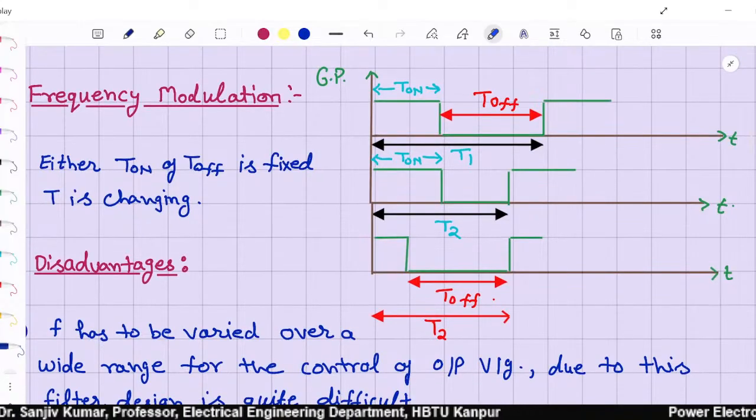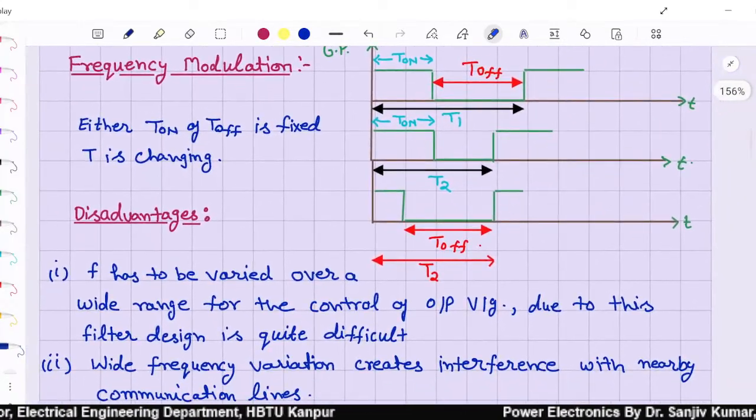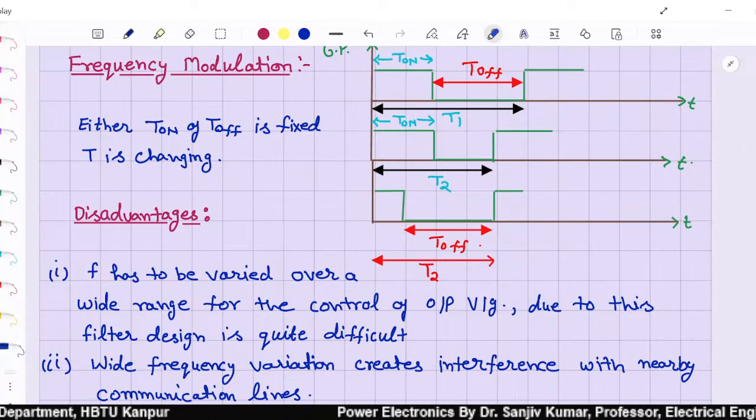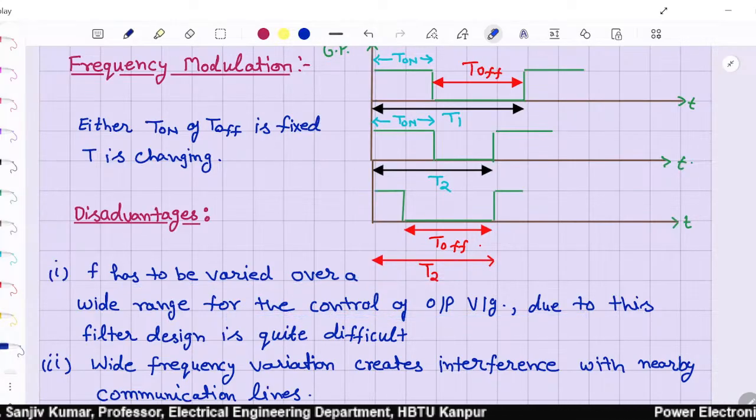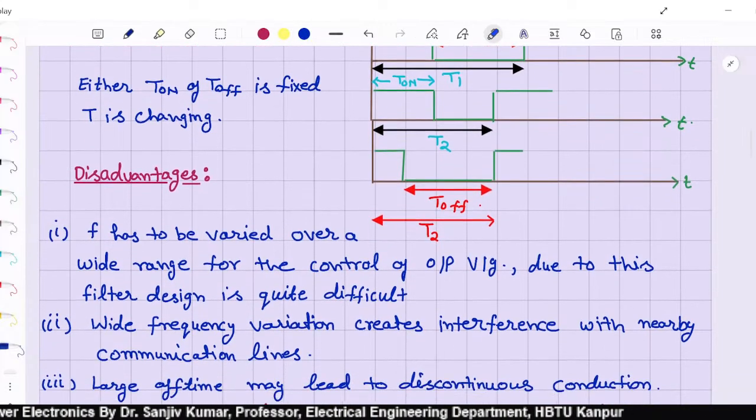But there are some problems. What are the problems in this? The frequency has to be varied over a wide range. Why? Because if you wish to control the output voltage over a wide range, from 0 to VDC, then you have to change the frequency over a wide range, and the filter design becomes very difficult for such a wide range of frequency, right?